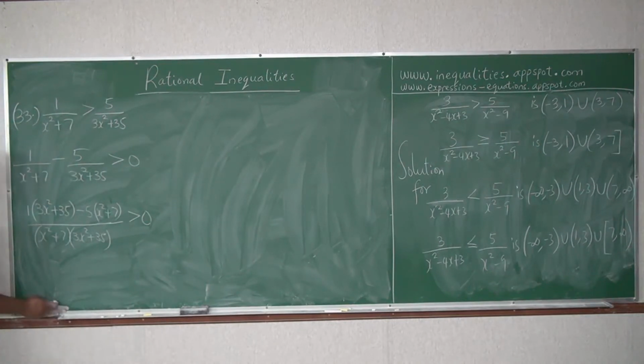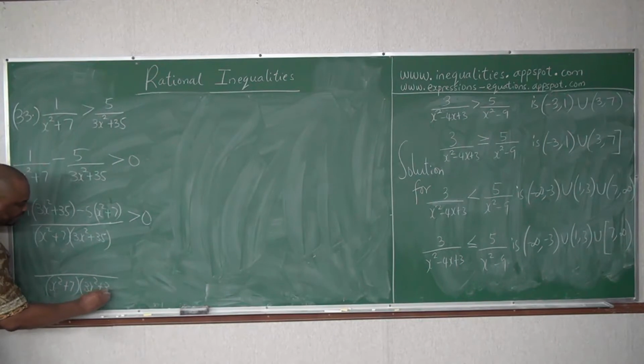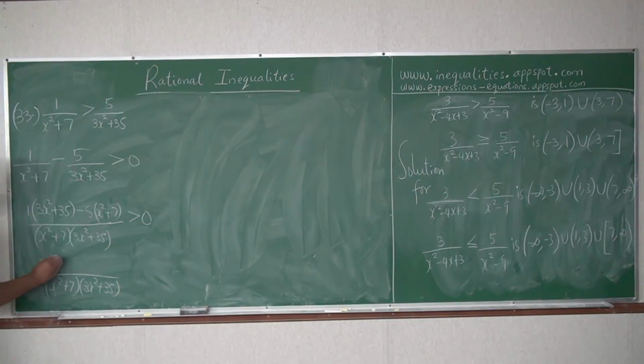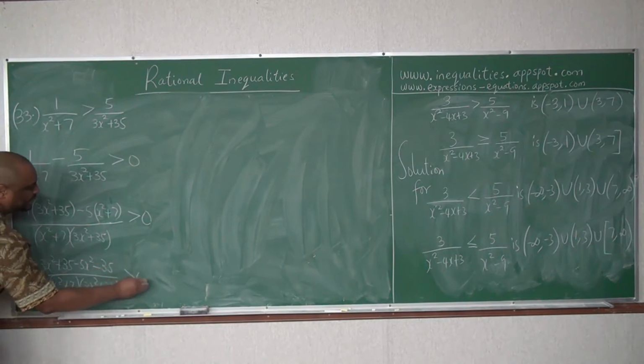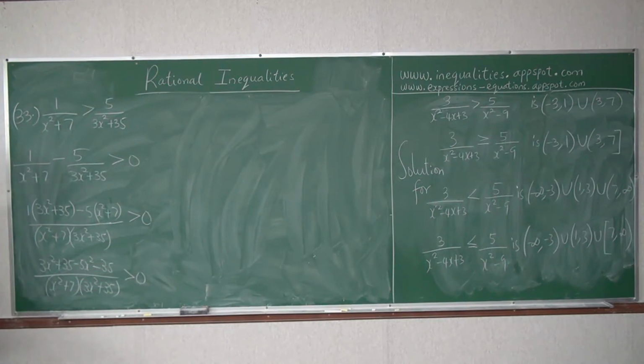So we now have here the LCD, still x squared plus 7 times 3x squared plus 35. So this is 3x squared plus 35 minus 5x squared minus 35 greater than 0, right?